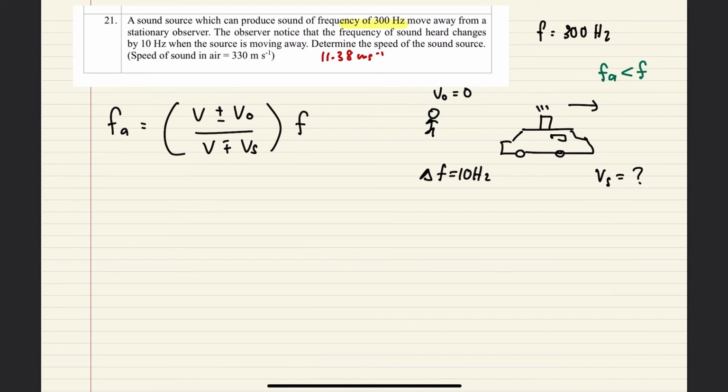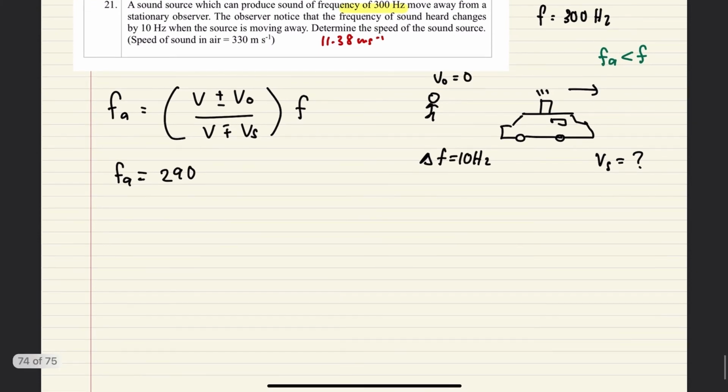So if the actual one is 300, then that means your apparent frequency is equals to 290. Lesser than the actual one. So you want to find Vs, you can use this formula. And since this one is lower frequency, we use the bottom one for sign convention there.